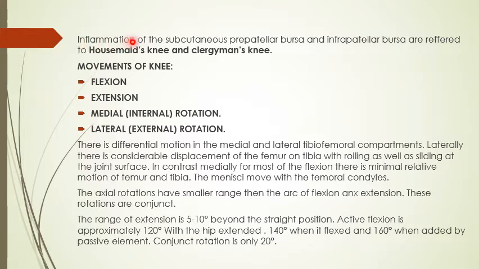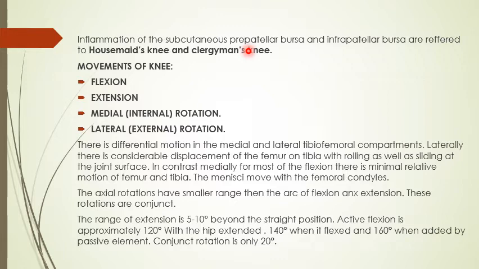Inflammation of the subcutaneous prepatellar bursa and infrapatellar bursa is referred to as housemaid's knee, or another name given is clergyman's knee. It occurs in those who undergo friction rub or work kneeling on the floor, washing the floor with a cloth and kneeling.